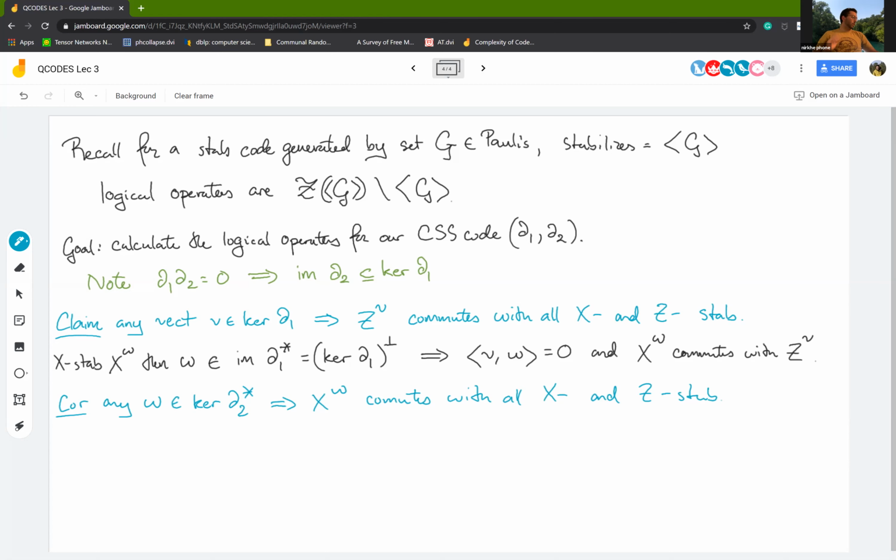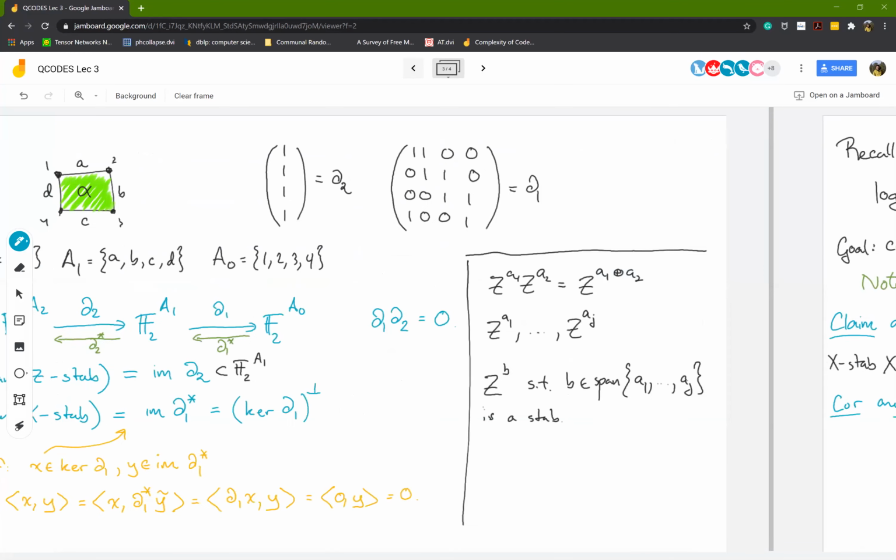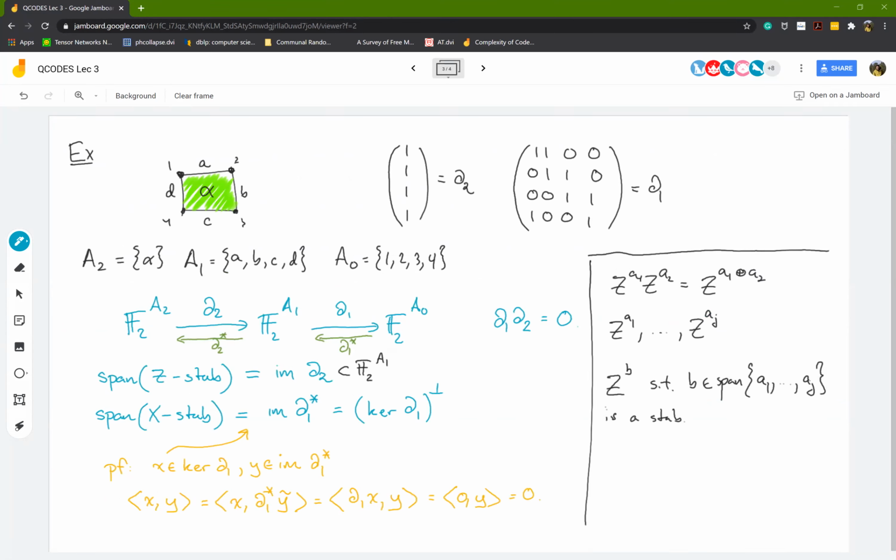Is everyone okay with this so far? Is it the same reasoning that you used in the previous slide? Yeah, exactly. It's exactly the same. Right now I'm thinking of my cell complex as going from A2 to A1 to A0, with maps delta 2, delta 1.